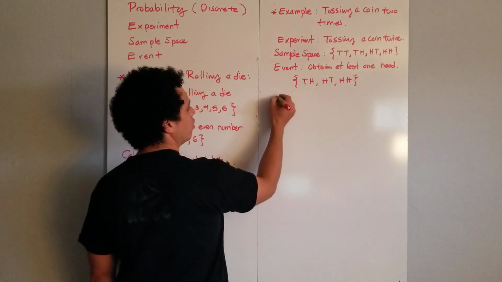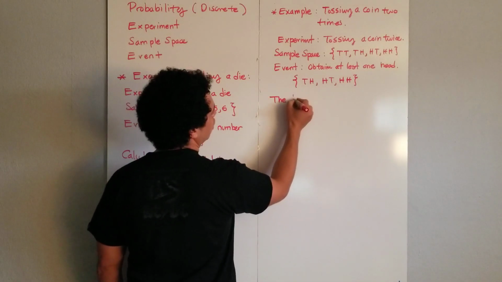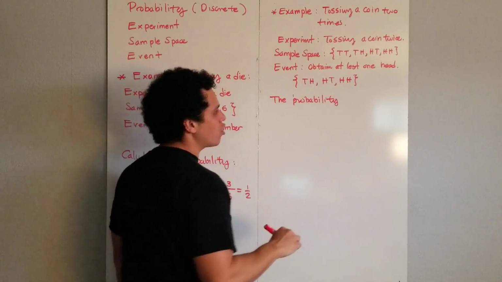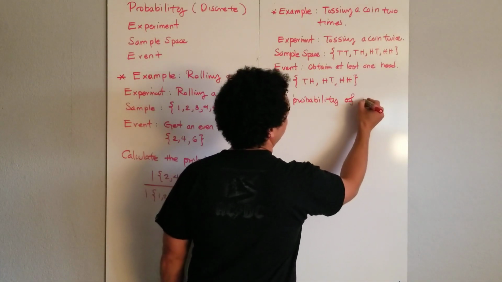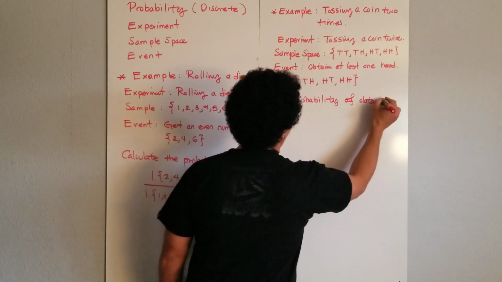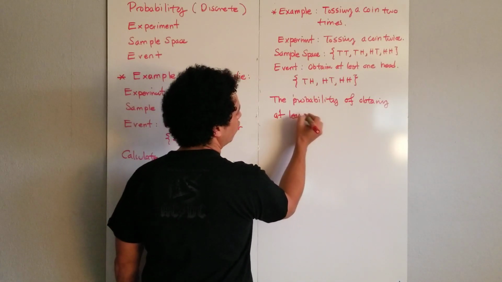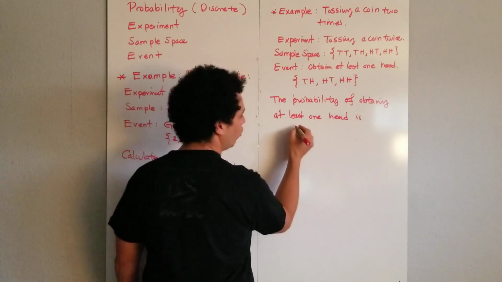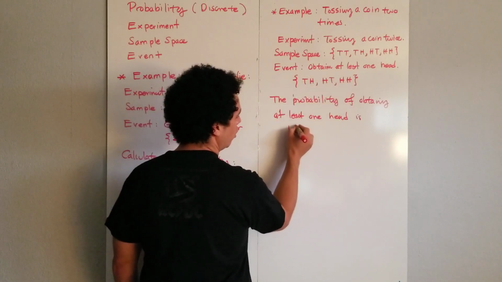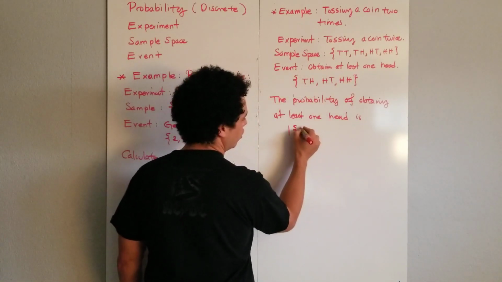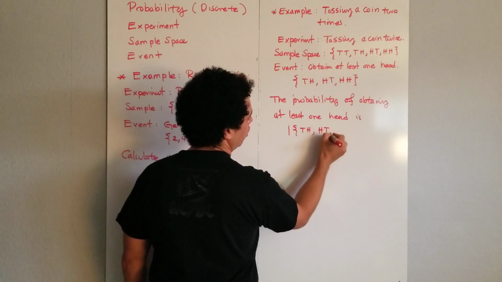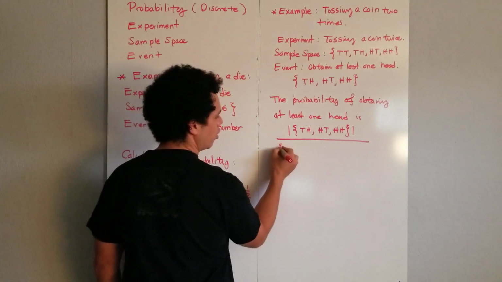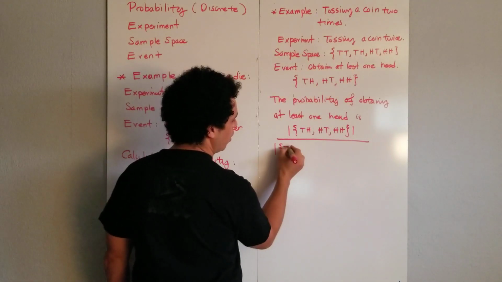So in this case, the probability, understood as a fraction, of obtaining at least one head is the following: the cardinality of the event divided by the cardinality of the sample space.